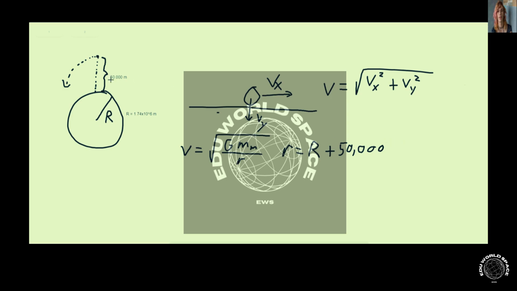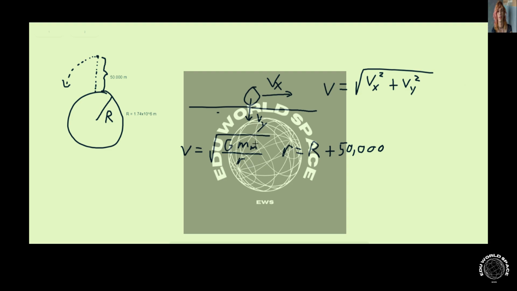And the reason I changed this to meters is so that I'm not adding a million something meters to 50 kilometers, because you can't add things unless they're the same units. Also, it's very good to work in SI units all the time, right? So r is equal to big R plus 50,000.